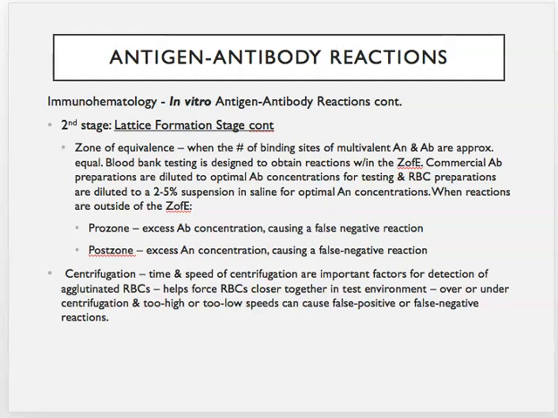It helps facilitate the formation of your latticed network because it forces the red cells closer together in the test environment. So either over centrifugation or under centrifugation, too high or too low of a speed, can cause either false positive or false negative reactions also.